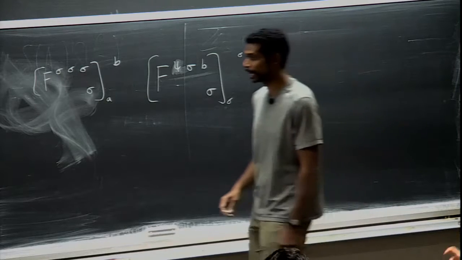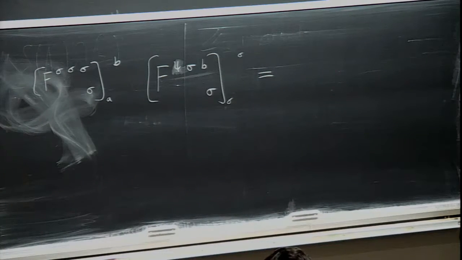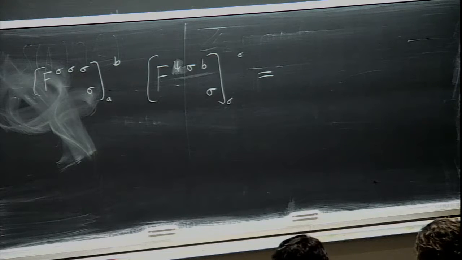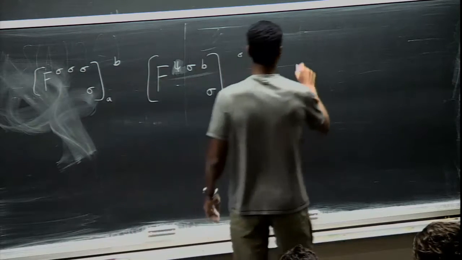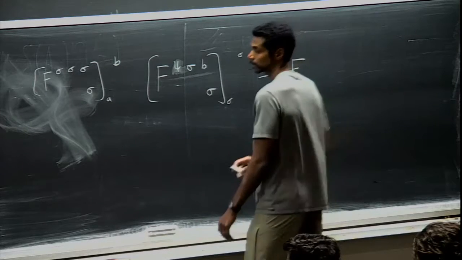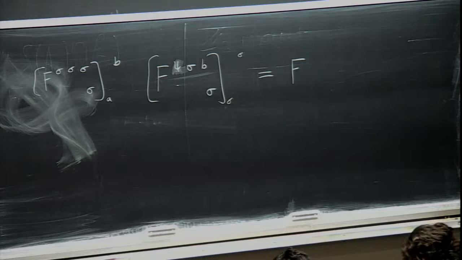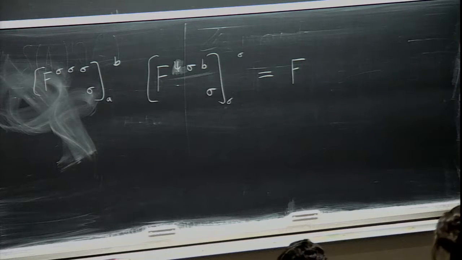That's the quadratic side. The right-hand side of the equation is this one. So we're moving this line over to here, so that looks like F psi sigma sigma A, right?